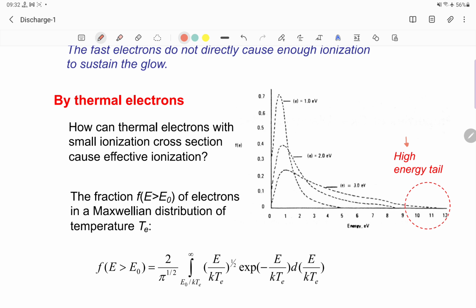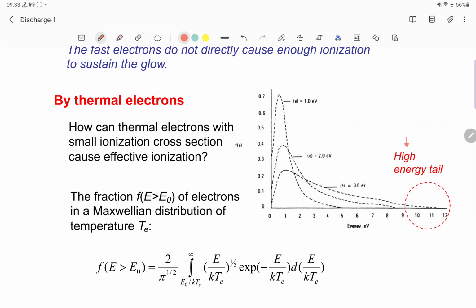The primary or fast electrons, their density is very low. Even the secondary electrons, the density is also low. But the ultimate electrons, or thermal electrons, their density is very high.